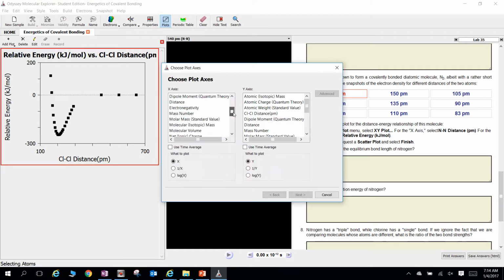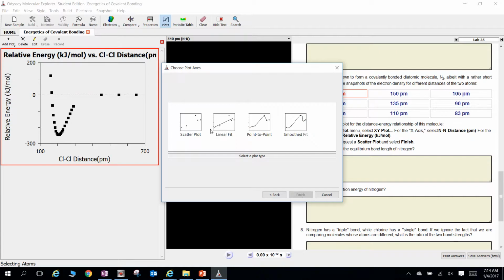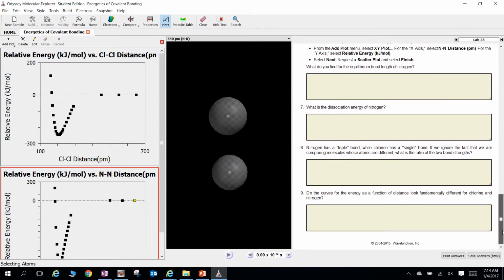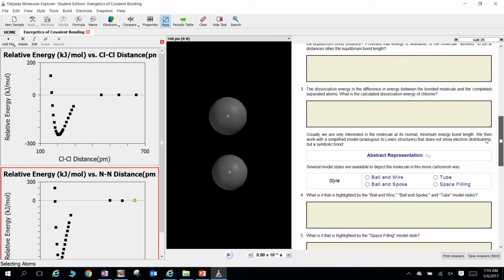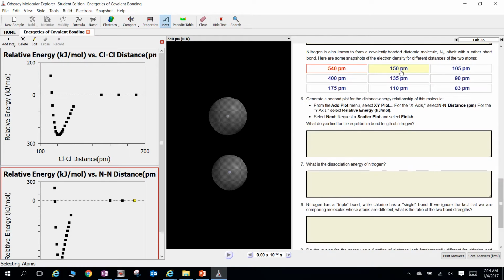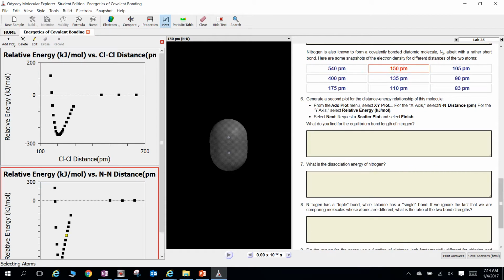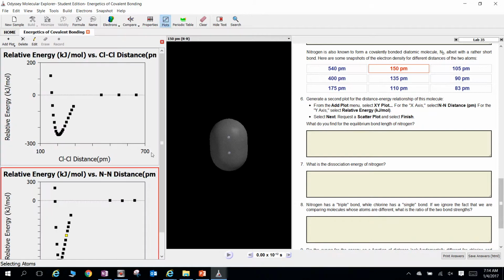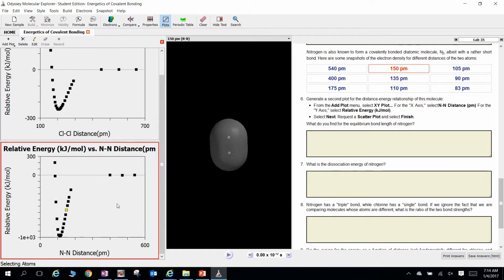So let's plot the nitrogen distance versus the relative energy. And let's take a look here. Is there a way? Maybe you just have to click through. Okay, we can see it now.